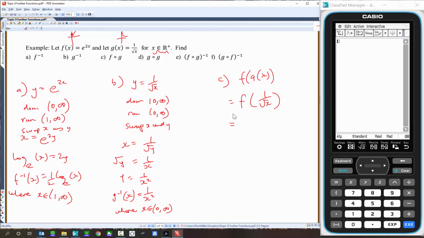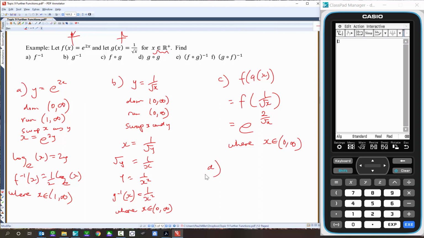And f of x is that, so where we see an x we put that there, so that's going to be e to the 2 over root x, where x is an element of, so it's going to be the domain of the inner. Domain of the inner is this 0 to infinity.